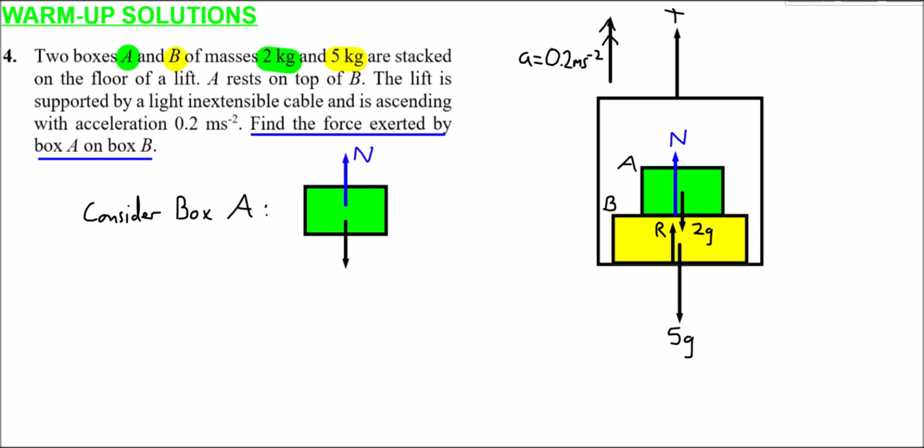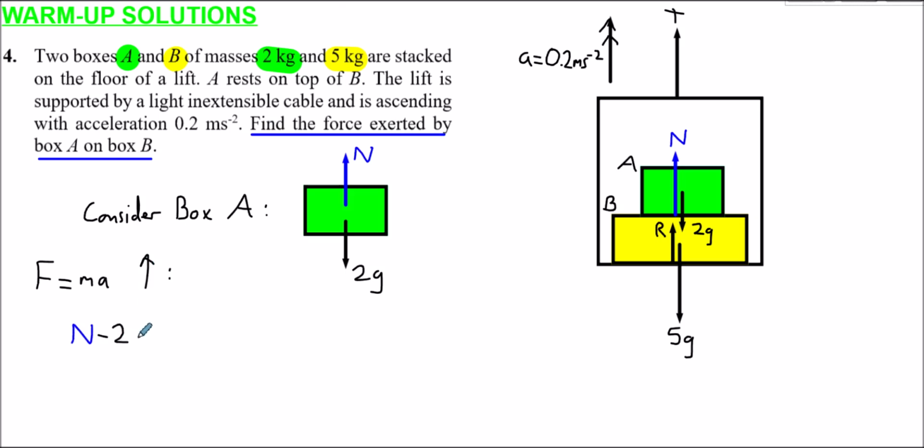So if we just isolate box A and consider box A only, we can work out the rest because we know what the acceleration on it is and we know its weight. So if we now apply F equals ma going in the up direction, the overall force going up is N subtract 2g.